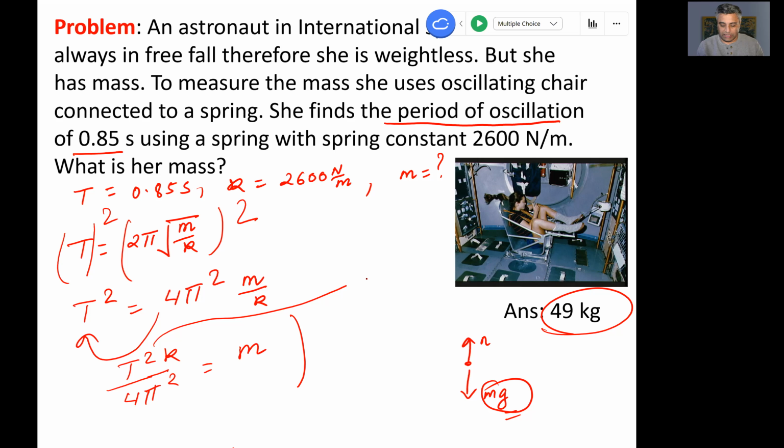So here time has a unit second square and K has a unit Newton over meter. 4 pi doesn't have any unit, so we don't need to worry about it. So Newton, what is Newton? We need to recall the definition of Newton. Newton is unit of force, and force is mass times acceleration.